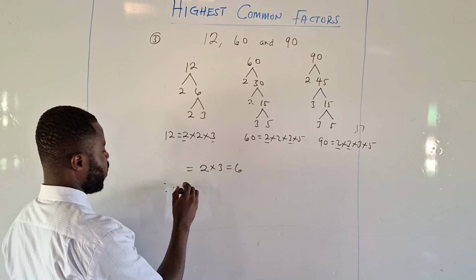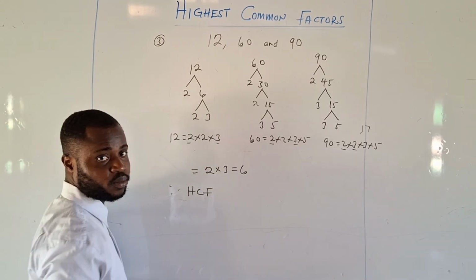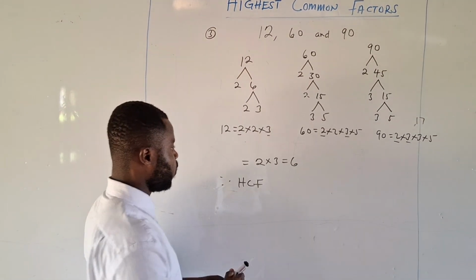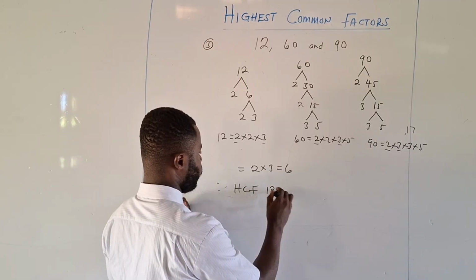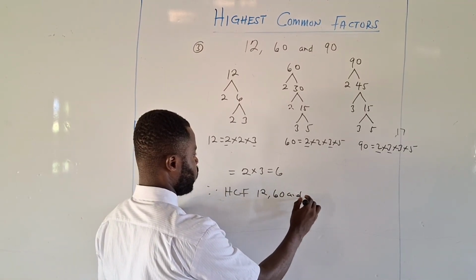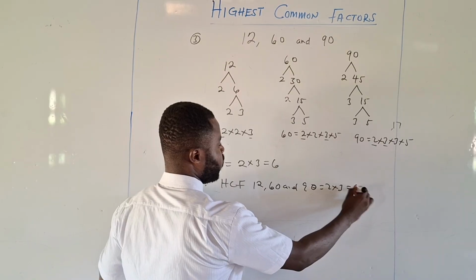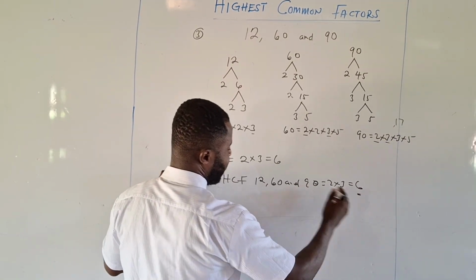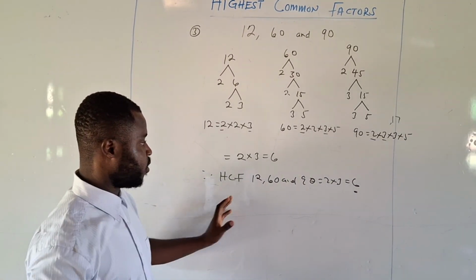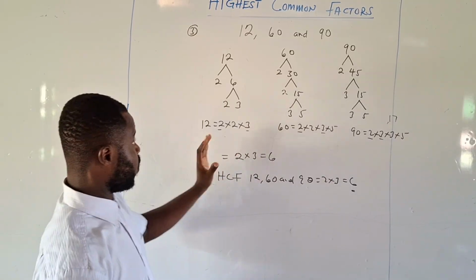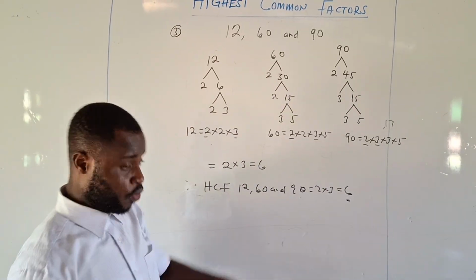So the HCF for 12, 60, and 90 is 2 times 3, which is 6. So the highest common factor is 6. This is how we find the highest common factor for 3 numbers.